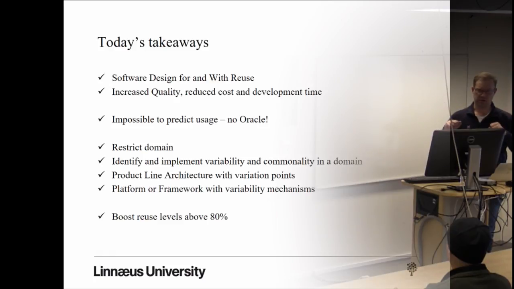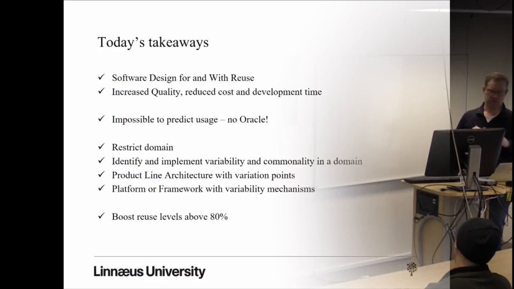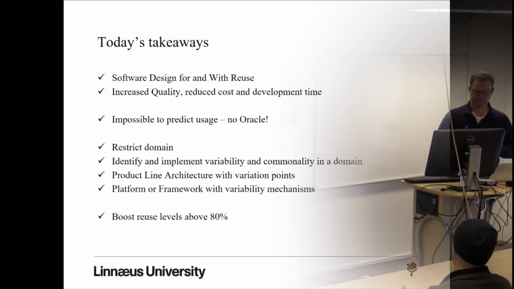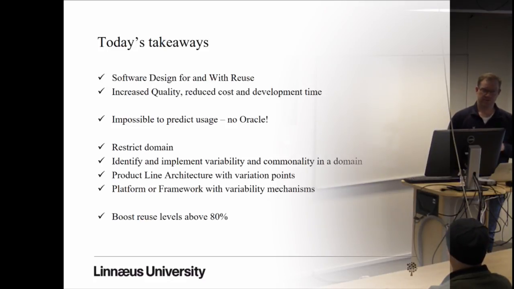So restricted domain, identify what's common and what's not in this domain. Define your products using features. Come up with a product line architecture that supports the variation and provides a backbone with the common features. And there are many studies that show that if you succeed with this, you can boost reuse levels up to 80% and more.